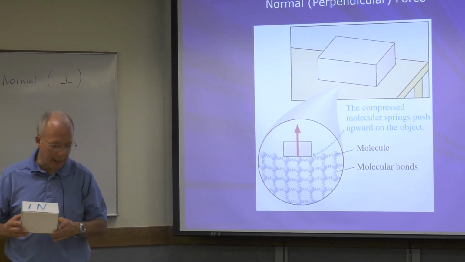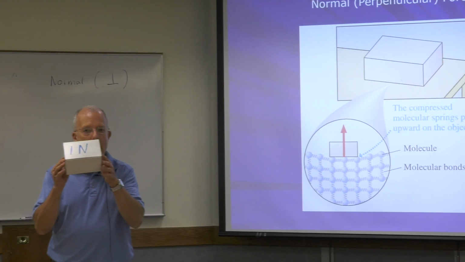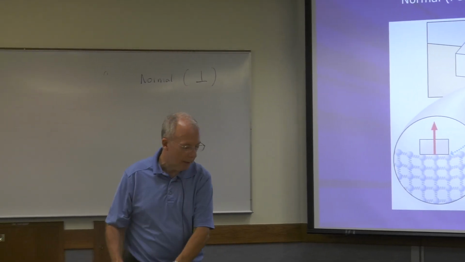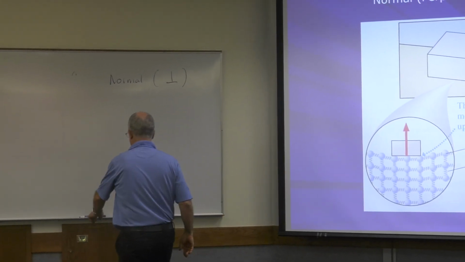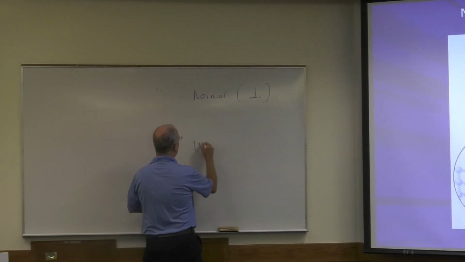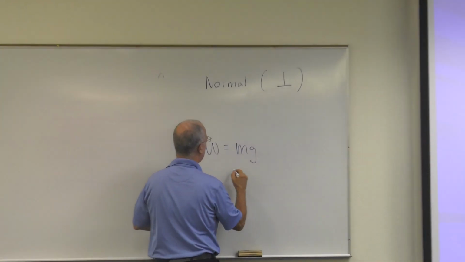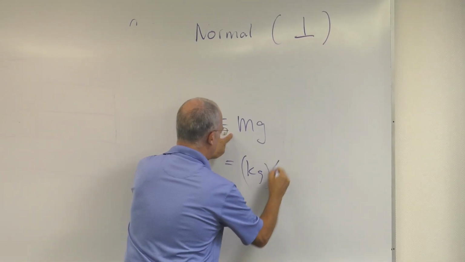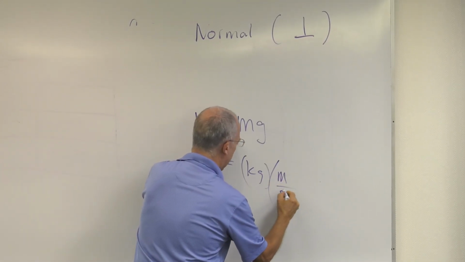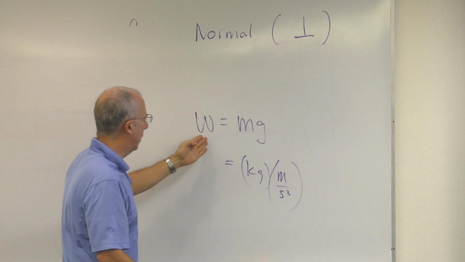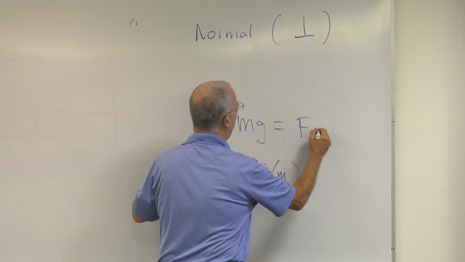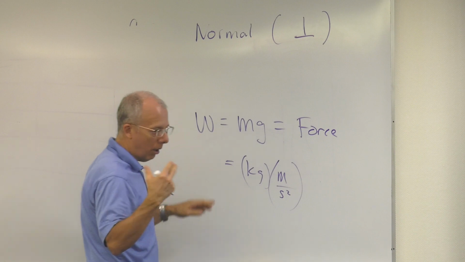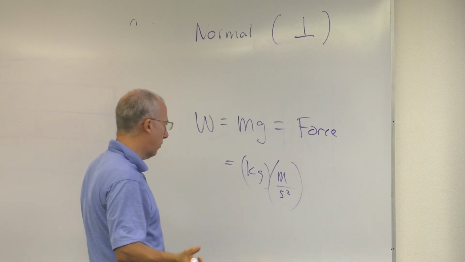Let me do a couple of crazy things. Just pretend that this box has a weight of 1 Newton. By the way, weight equals mg. Mass is in kilograms, g is in meters per second squared. Weight is a force, a force on an object due to Earth's gravitational pull.